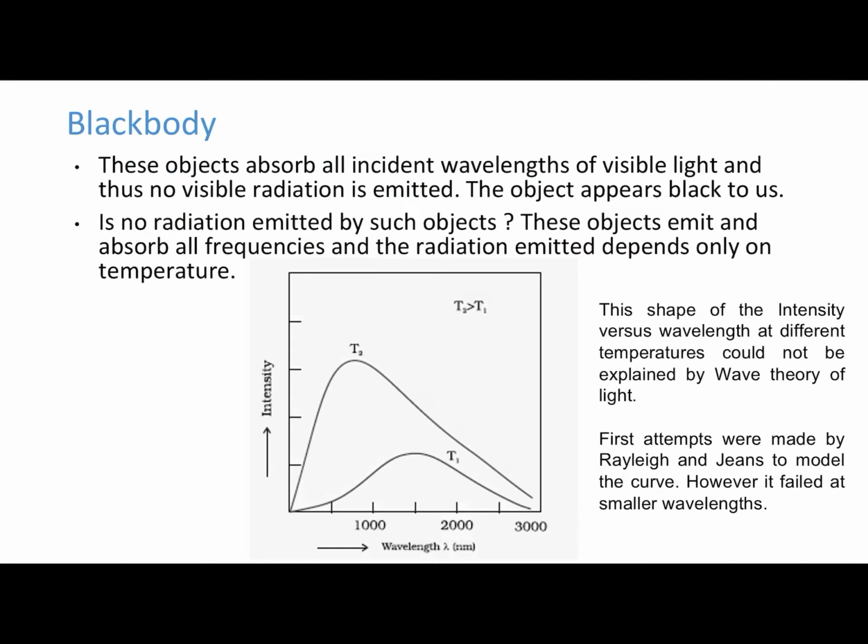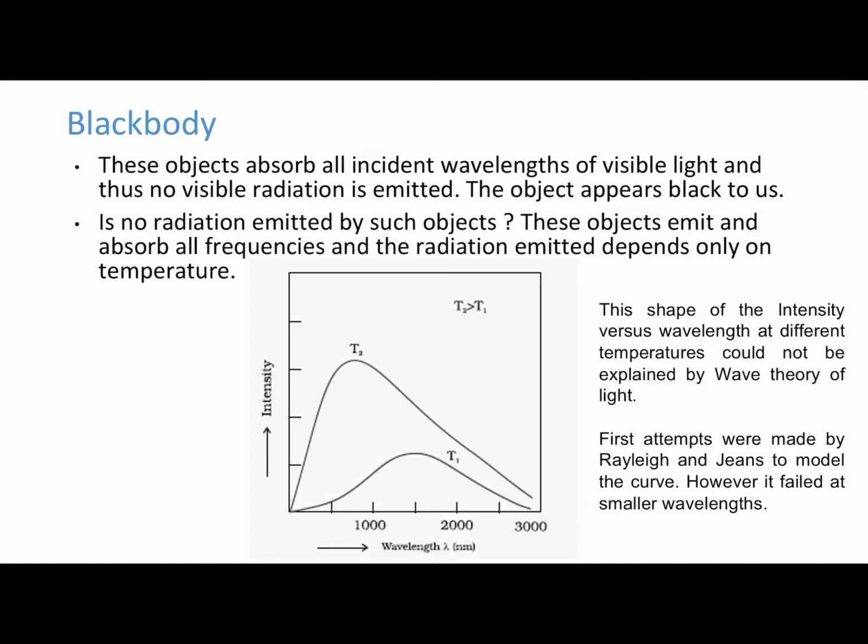Black body radiation refers to the spectrum of light emitted by any heated object. When solids are heated, they emit radiation varying over a wide range of wavelengths. For example, when we heat a solid, its color changes continuously with a further increase in temperature.